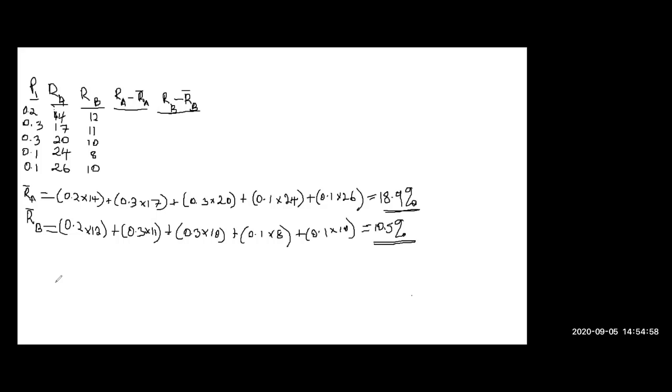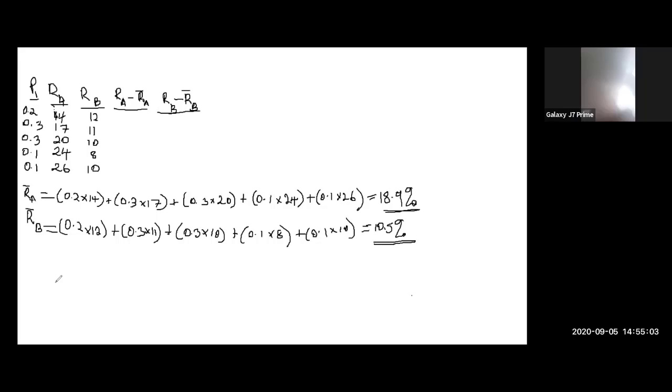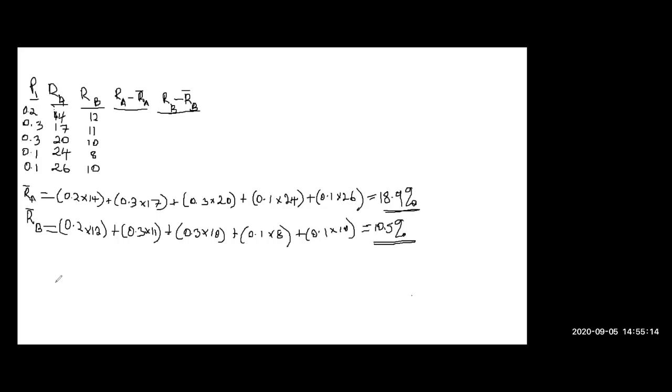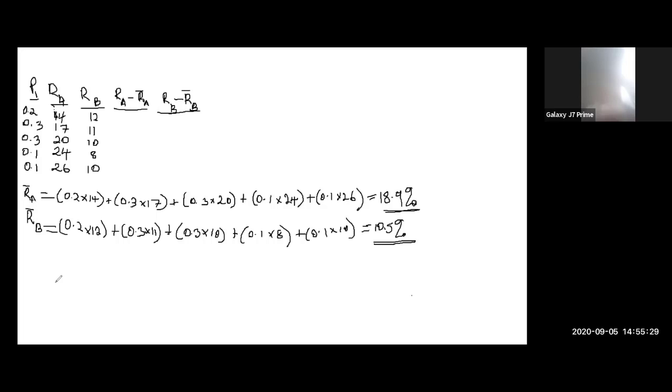Are you getting a different answer? No one? How much? 10.5. It's 10.5. For A? For B. For B.